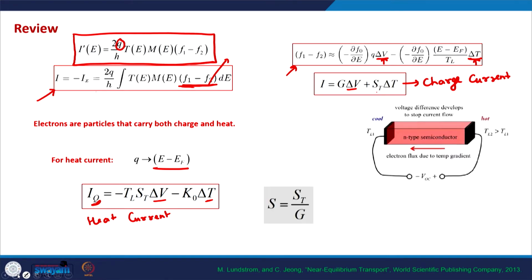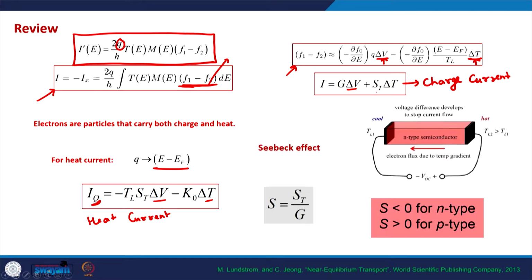So that naturally brings us to what is known as the Seebeck effect, which is the development of a voltage difference across a conductor when we have a temperature difference across its contacts. So what the Seebeck effect says is that if one of the contacts is hotter as compared to the other one, in that case there will be an open circuit voltage.